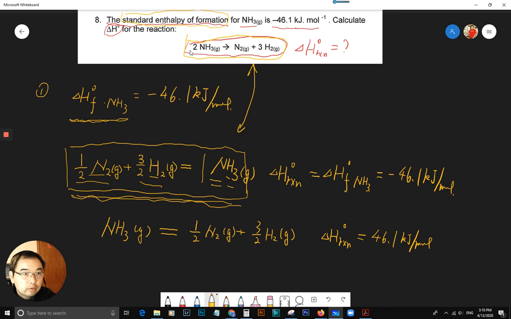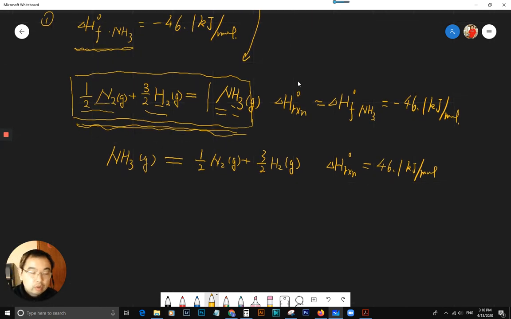Then we look at the target equation. The target equation has a 2 in front of ammonia, 1 in front of nitrogen, and 3 in front of hydrogen. If we multiply this equation by 2, we can get the target equation: 2 ammonia gas equals nitrogen gas plus 3 hydrogen gas.